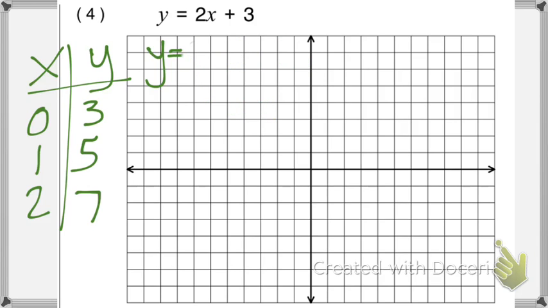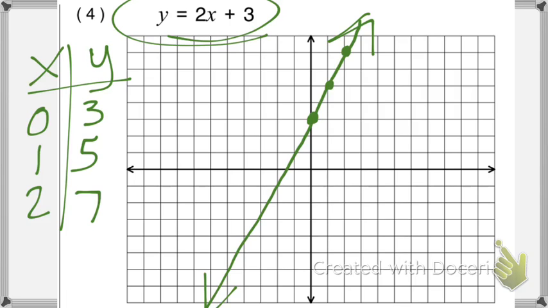Okay, so I've got some solutions I'm going to graph. So 0, 3, 1, 5, and 2, 7. And again, if we were to keep going here, we'd fill in this line, draw arrows to show all the solutions to this equation.